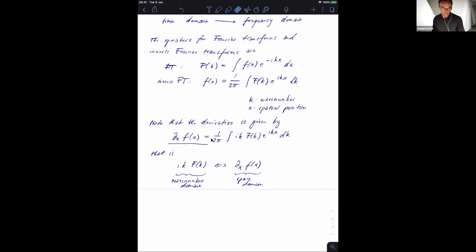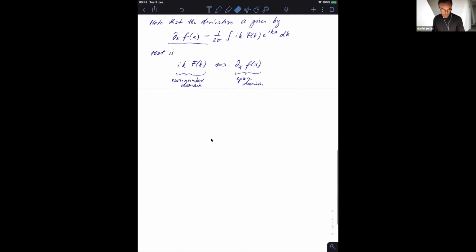So the discretization happens with the discrete Fourier transform. And that's given by the formula. It's a bit tedious to write down, but let me see.